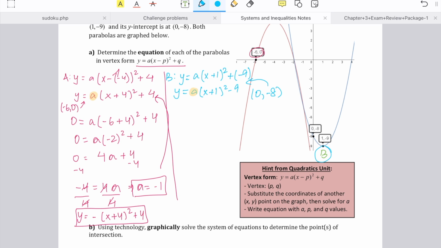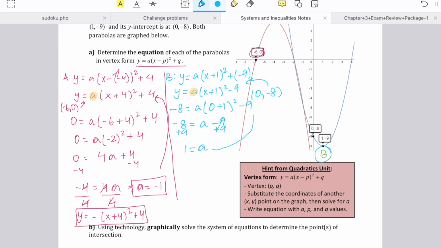So y is -8, a(0 + 1) squared minus 9. So I have -8 is equal to a times 1 squared, which is just 1, minus 9, so add 9 on both sides and you get 1 is equal to a.